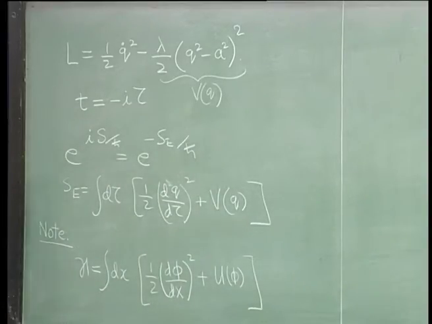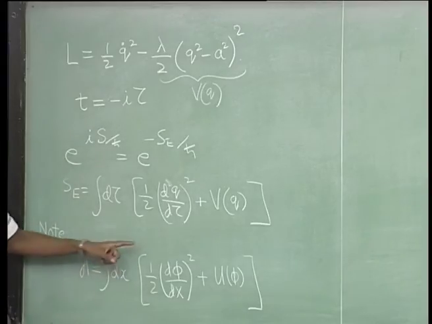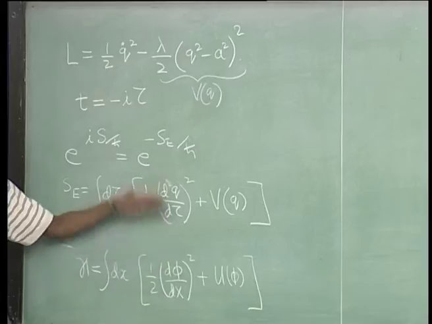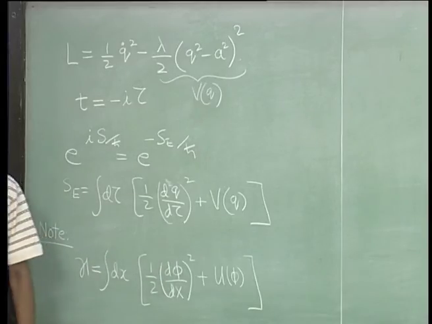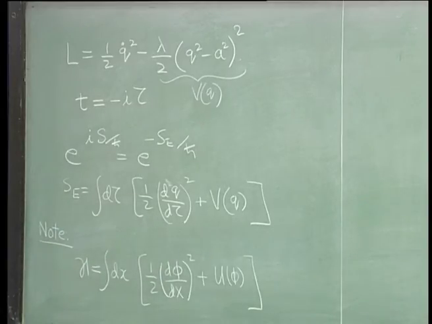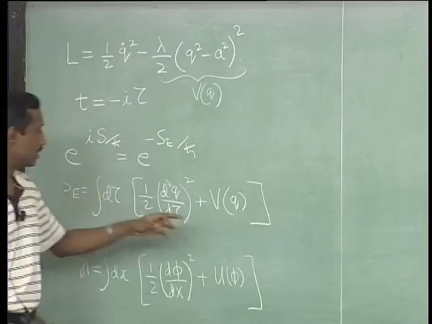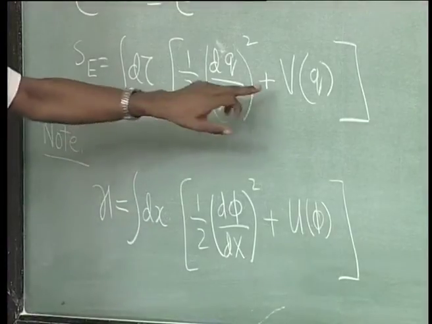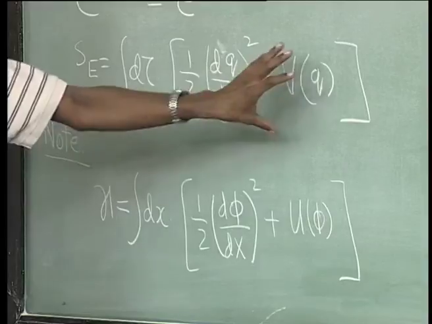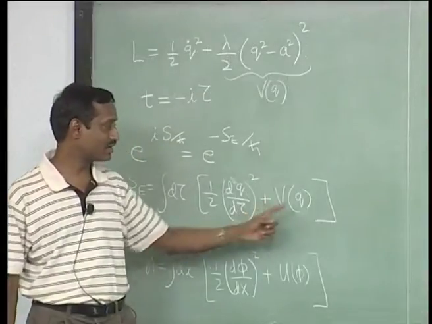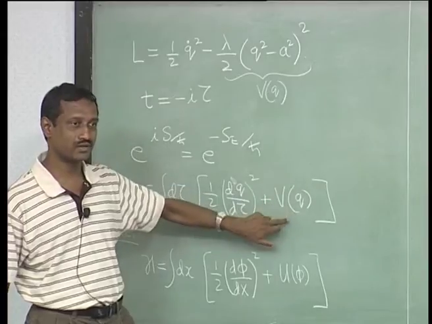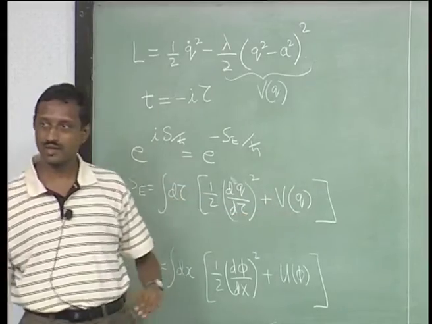So you can see that if I identify tau with x and q with phi, these two actually look the same. So the idea was to look at a tunneling solution, and the tunneling solution for which this would be the Lagrangian. You can see that the Lagrangian is just T minus V in this setup, so it corresponds to a potential which is inverted, relatively speaking.